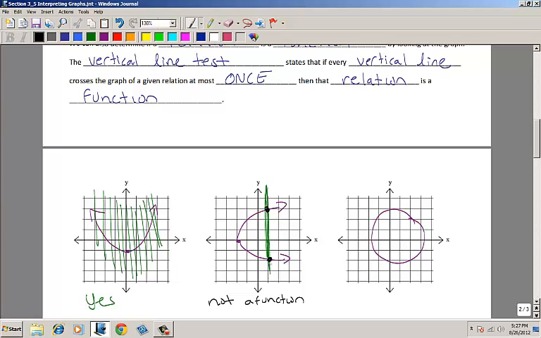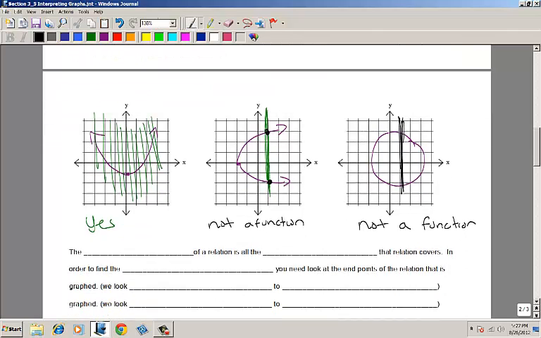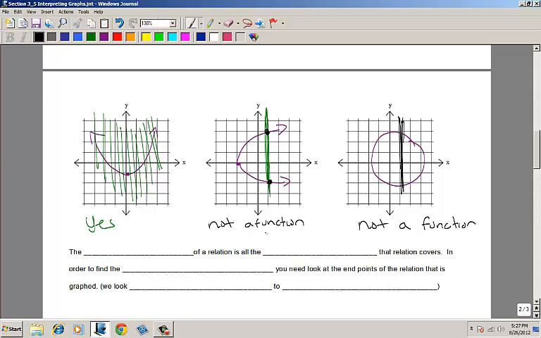So my computer wouldn't know if it should be telling me 3 or -2. Okay, next one, again, I fail my vertical line test, so it is not a function. So we can tell if a relation is a function by performing the vertical line test. If that vertical line crosses in more than one place, then it's not a function.